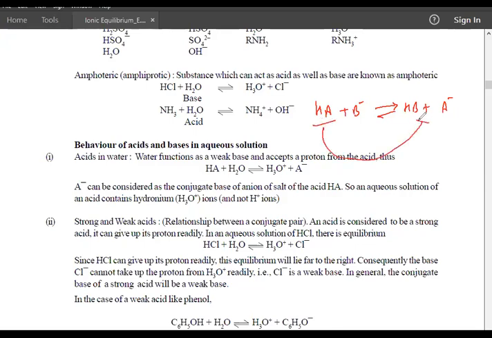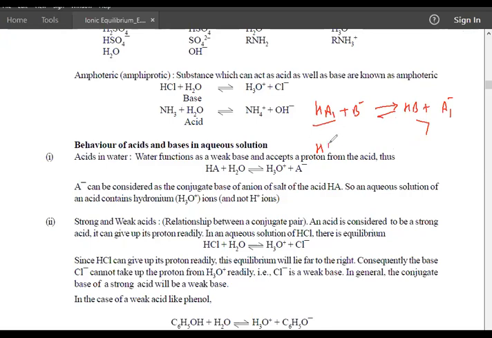An acid will form a conjugate base. Yes or no? Yes. Now, we have two acids, HA1 and then a second acid.